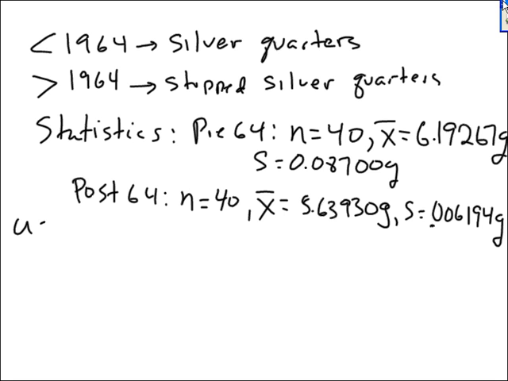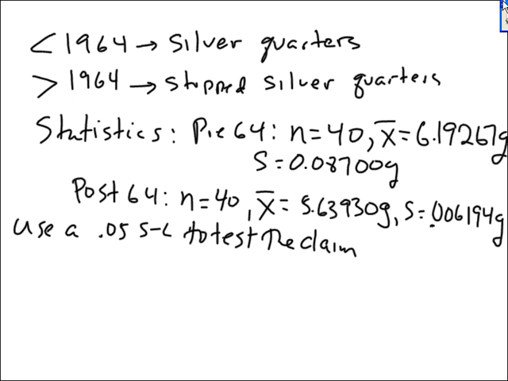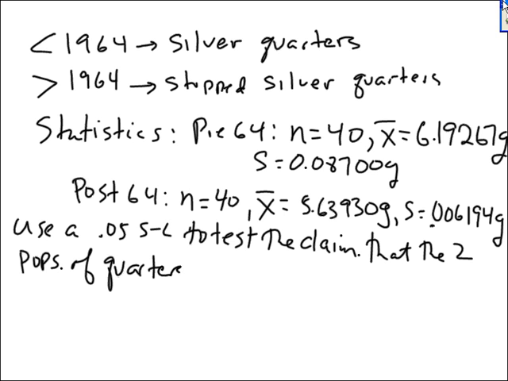Now, we are to use a 0.05 significance level to test the claim. So here's the claim: to test the claim that the two populations of quarters have the same standard deviations.